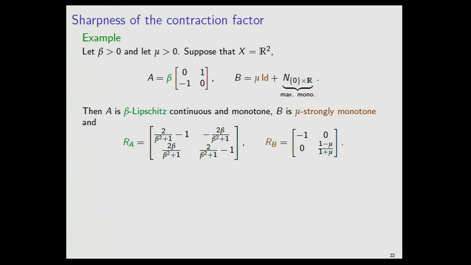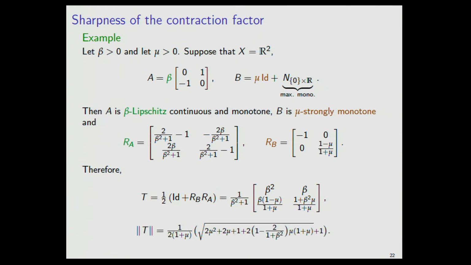This is in R2, so everything goes down to 2 by 2 matrices. We can calculate the reflectors, take the composition, that is the T. And to find the contraction factor, just take T T transpose, calculate the spectral radius and take the square root, and you get the norm of T. So this is exactly the factor that we have in the skew linear case.